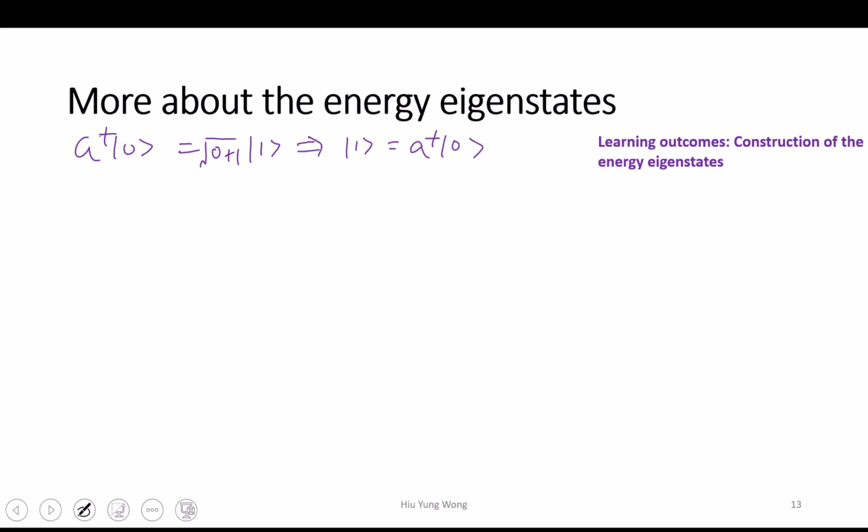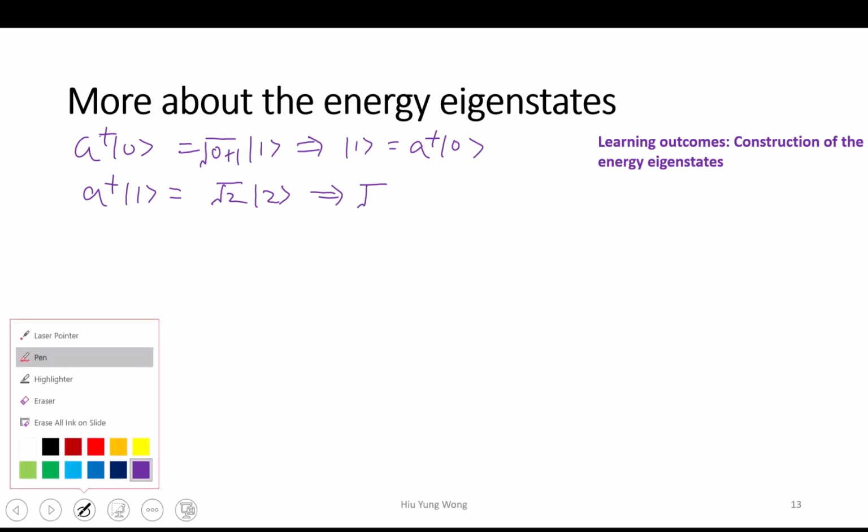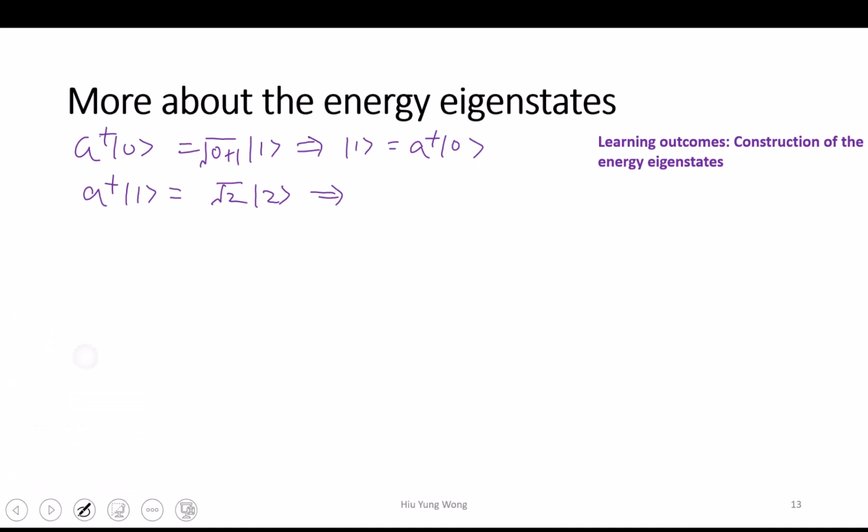Good. Okay, so you have 1, then what if I raise 1? What do I get? It becomes 2, right? So what is 2 then? 2 becomes, these are the eigenstates, n equal to 2, right?